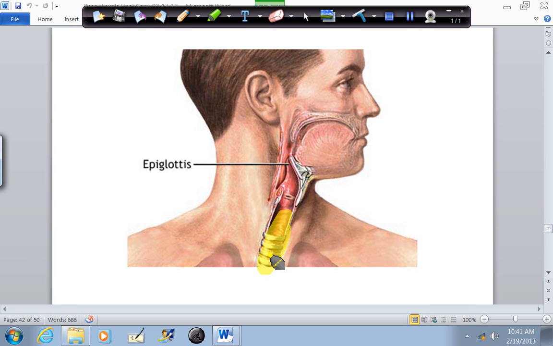It's subglottic edema. That's what you're dealing with in croup. Whereas with epiglottitis, you're dealing with the epiglottis right here, a swelling of that. That's fundamentally the difference between the two. Considering their functions, you'll see two very different sets of symptoms. So I set this up as a chart so you can compare and contrast the two.